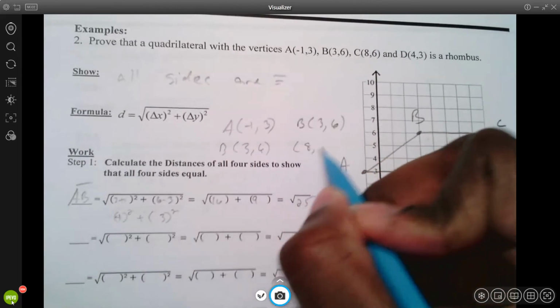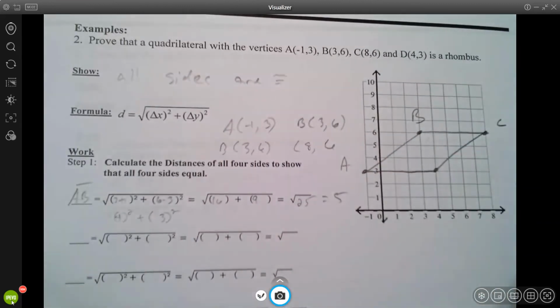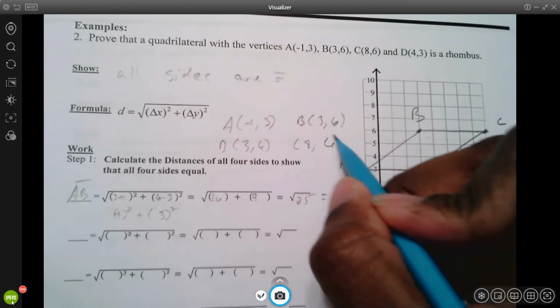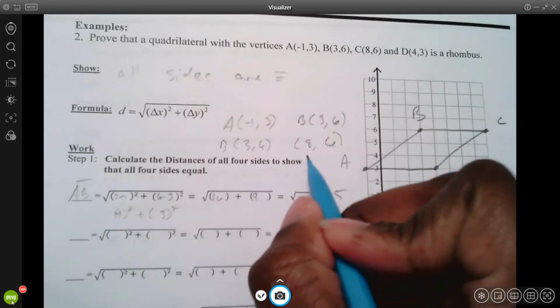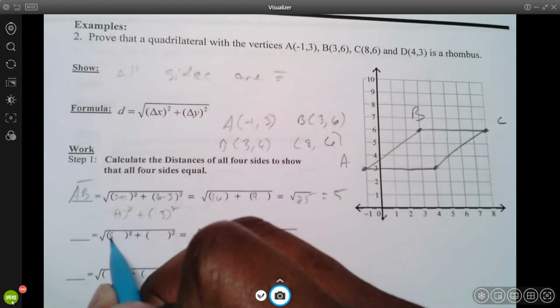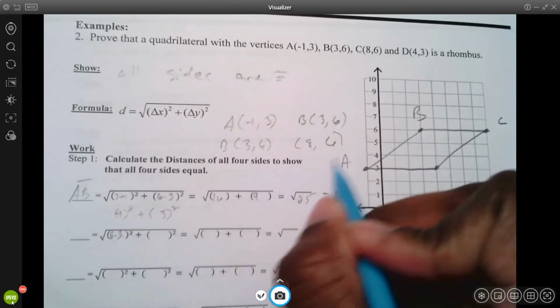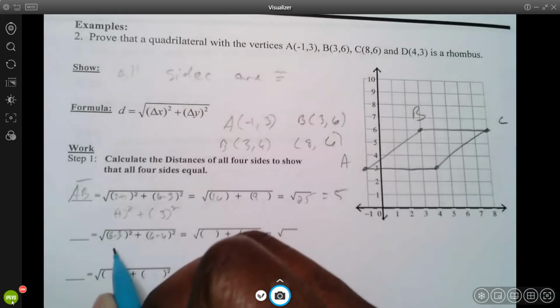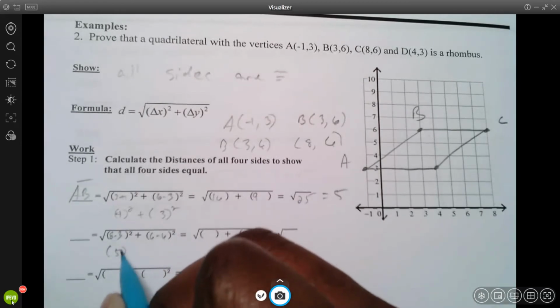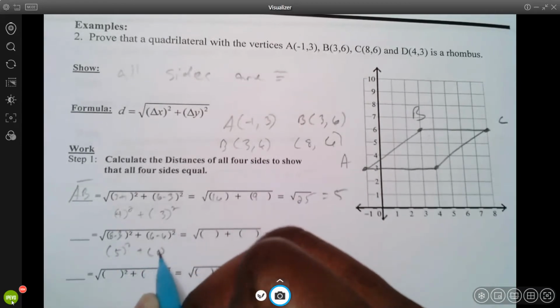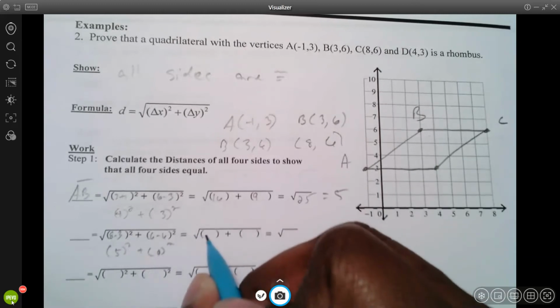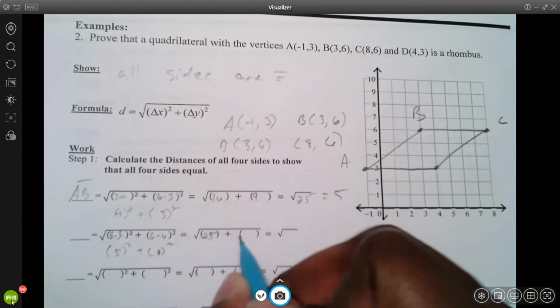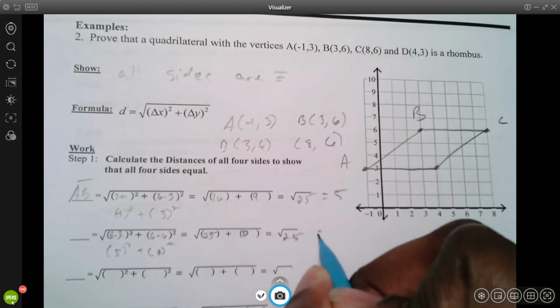C is 8, 6. So starting off, this is 8 take away 3. This is 6 take away 6, which is 5 squared plus 0 squared, which is 25 plus 0, which is 25, which is 5.